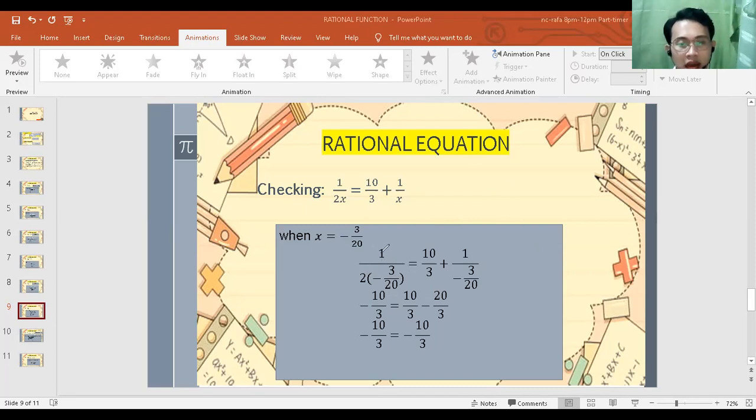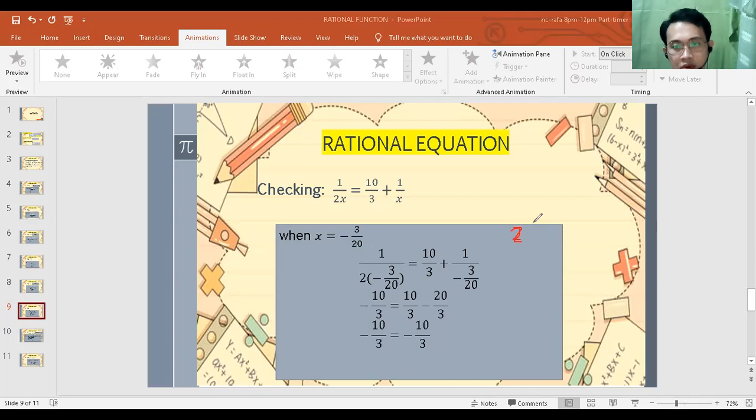Before you can divide 1 by the expression 2 times the quantity negative 3 over 10, let's operate first the denominator, which is 2 times negative 3 over 10. So that's basically 2 times 3, that's 6, right? All over 20. So we have here 2. I'm so sorry.